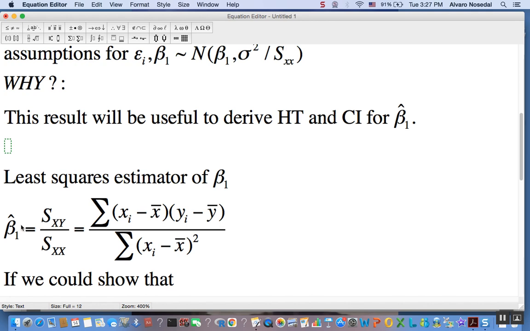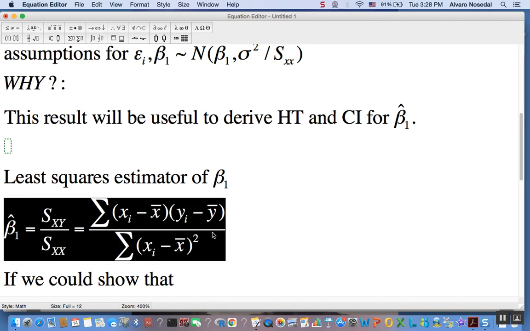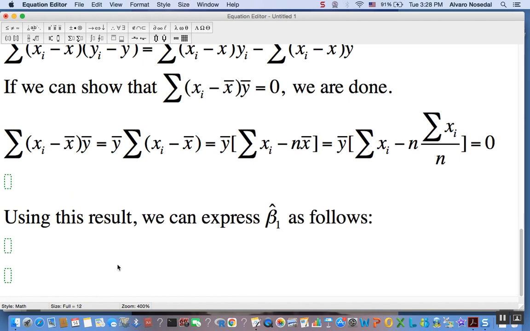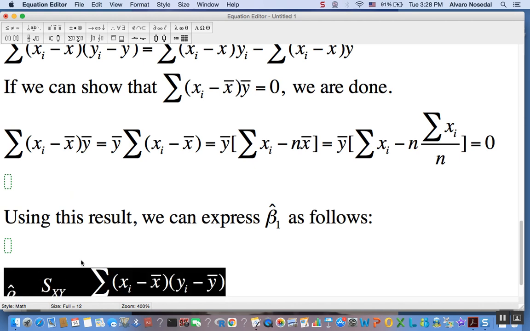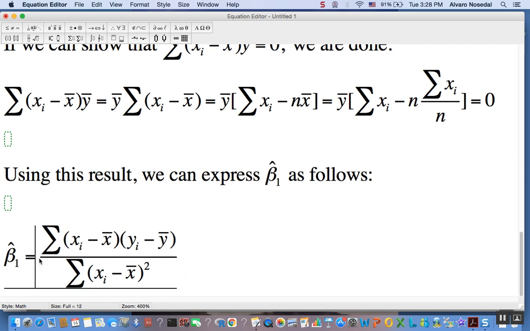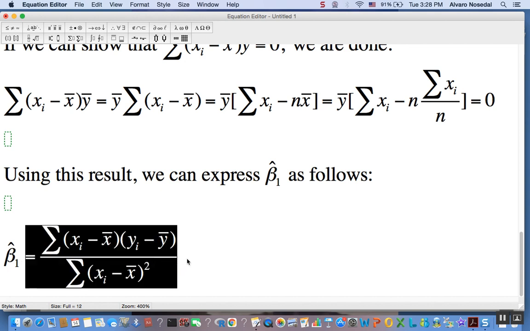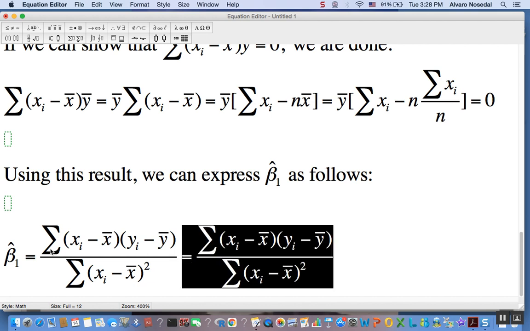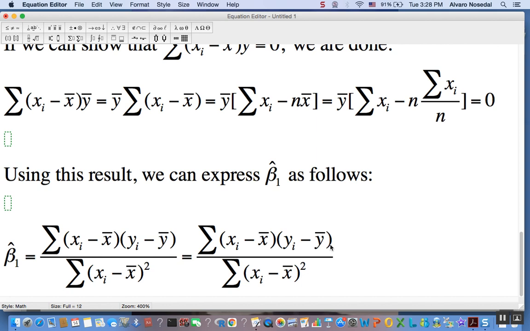Now instead of doing this, instead of using beta 1 hat is the sum of xi minus x bar times yi minus y bar divided by the sum of xi minus x bar squared, we have this.